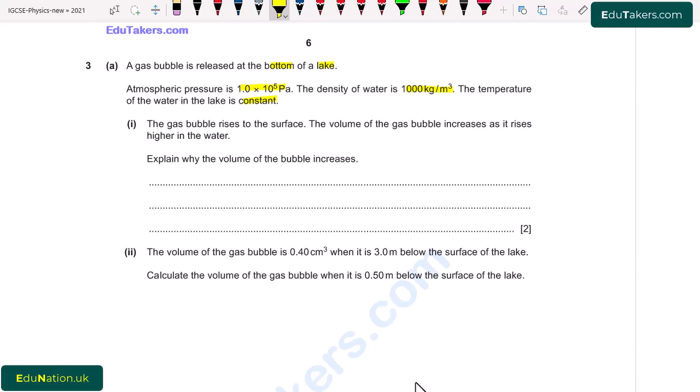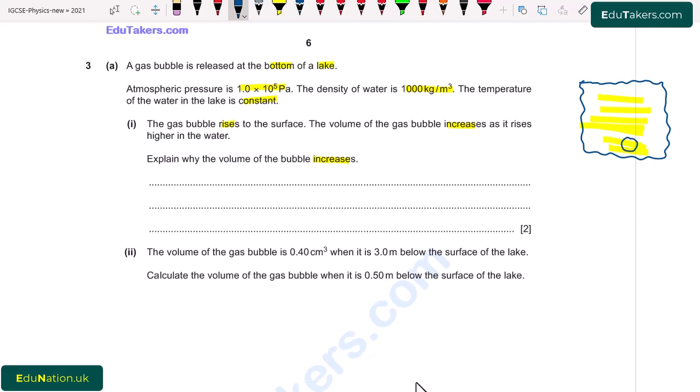Part 1. The gas bubble rises to the surface. The volume of the gas bubble increases as it rises higher in the water. Explain why the volume of the bubble increases. So first of all, I consider that it's a lake, and there is an air bubble at the bottom of this lake.